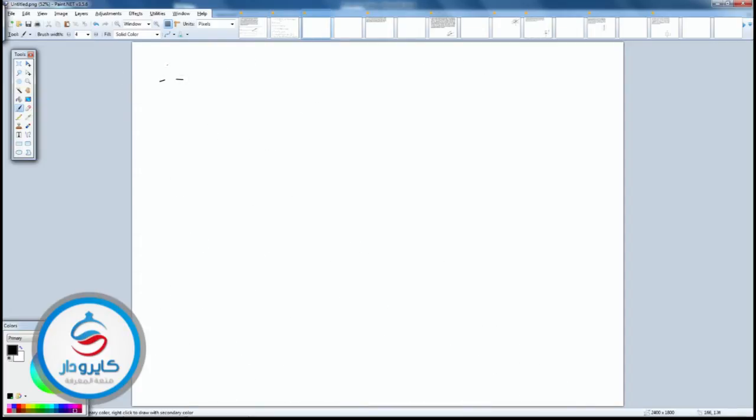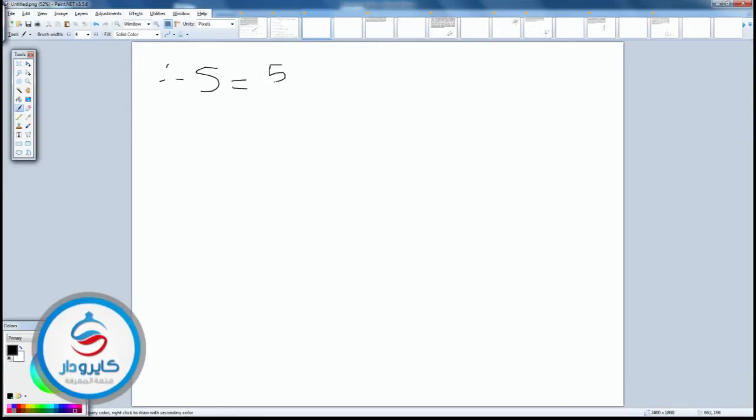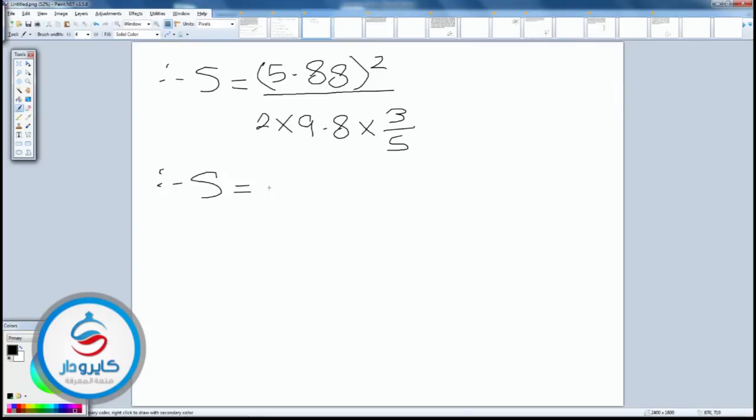Therefore, S equals 5.88 power 2 over 2 by 9.8 by 3/5. Therefore, S equals 2.94 meters.